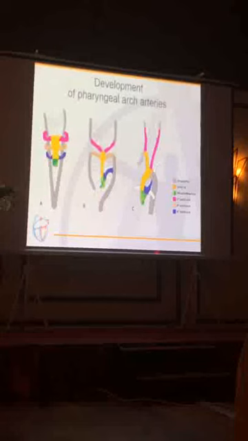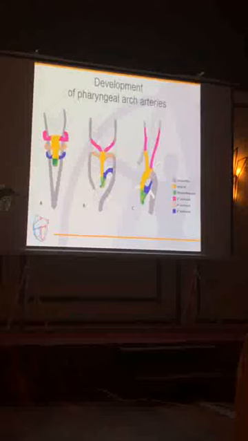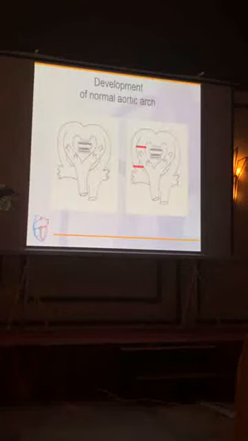So it's a very complex image. I don't want to talk about it too much, but the most important thing is that initially we have a set of arches that are paired and they connect to so-called dorsal aortas. So the arch developed as a paired structure.